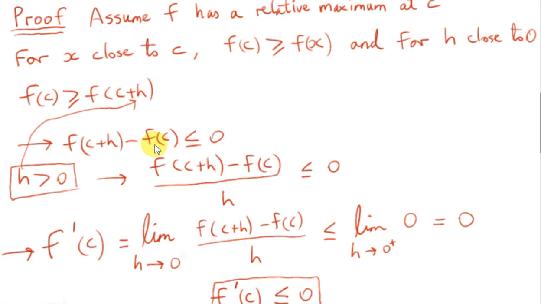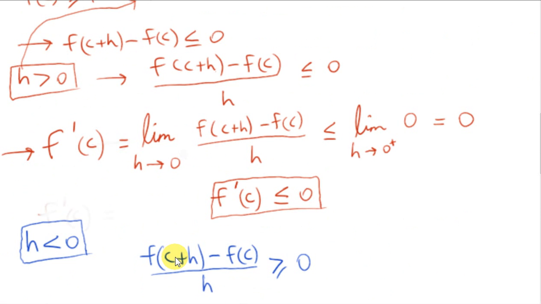This result holds, so this inequality here holds. But now when we go to divide by h, we will be dividing by a negative quantity. So this will reverse the direction of this inequality. We're dividing both sides of this inequality by a negative h. So now we get this inequality here greater than or equal to 0 instead of less than or equal to 0.